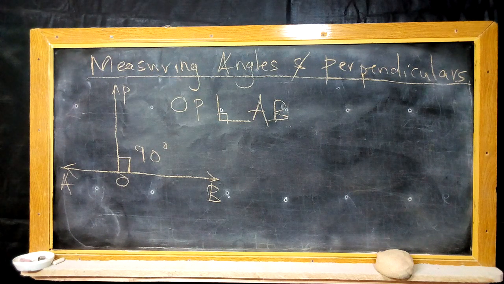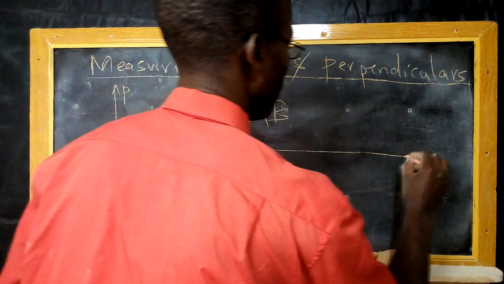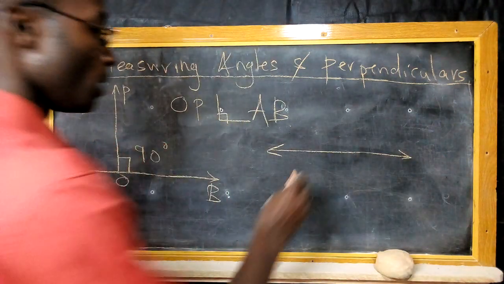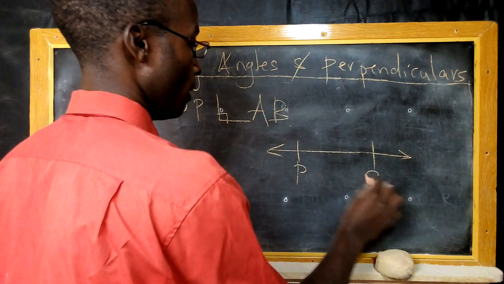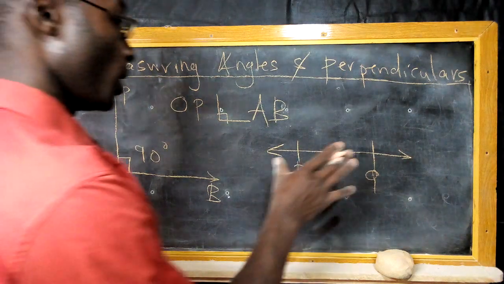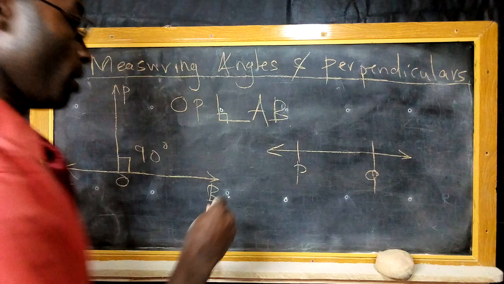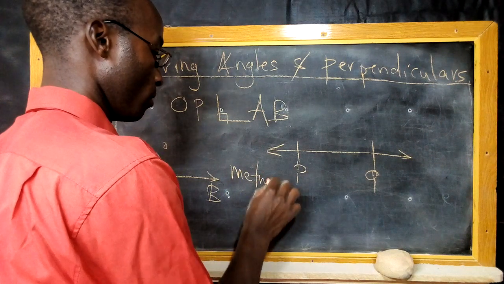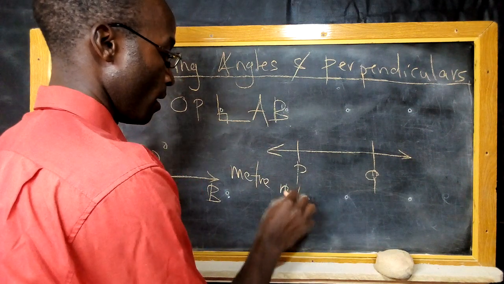Now we are going to look at the aspect of measuring angles. I mentioned it ahead, but let's look at this. We talked about a line that extends infinitely, but still we can measure the magnitude of that line using different units. It can be kilometers, meters, centimeters, etc. Suppose we want to measure this line. Of course, we can use a standard meter rule or just a tape measure.